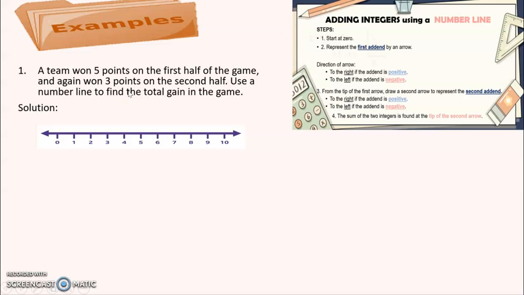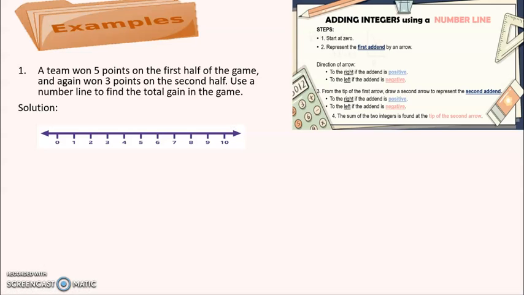So, that is positive. So, sa diri nga example, hindi ta masyado kilanlan ang negative numbers. So, that's why only the positive integers lang ang gindraw naton sa aton nga number line. Okay? So, let's start by following the steps here in adding integers using a number line.